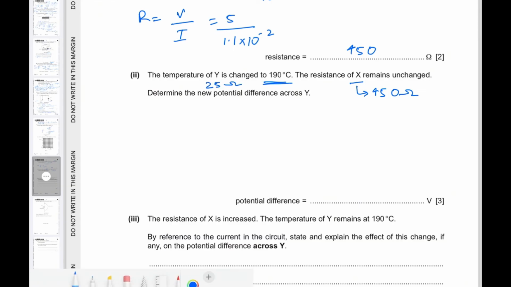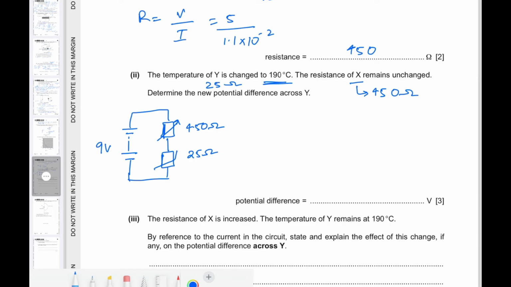Let me just redraw the circuit. We have 9 volts of EMF available to X, which has 450 ohms of resistance, as well as Y, which has 25 ohms of resistance at 190 degrees Celsius.